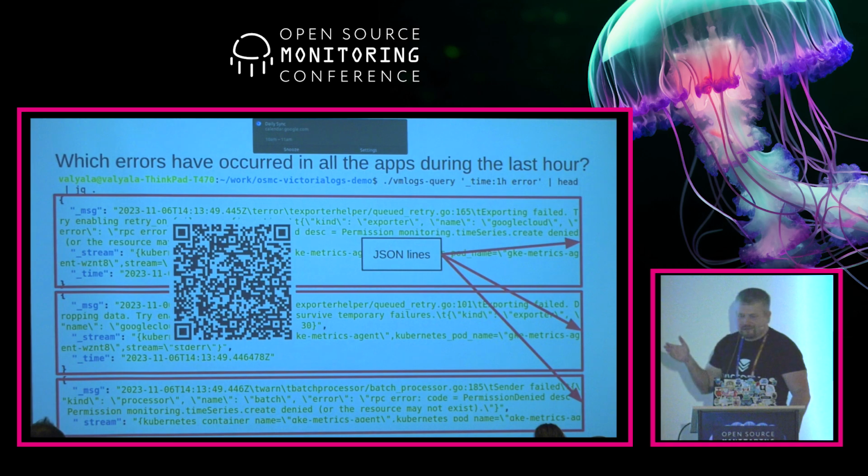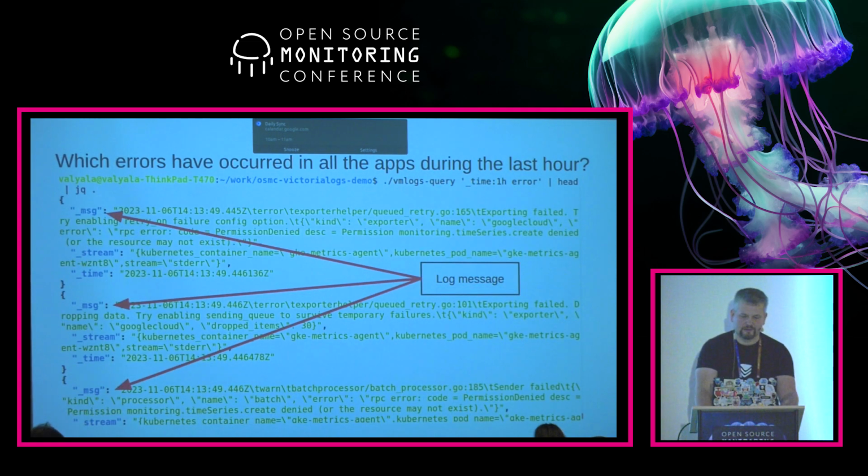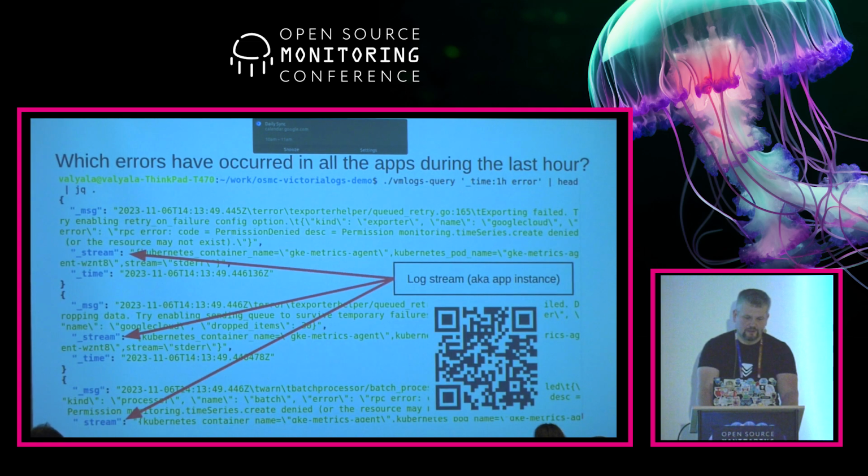This is a response from VictoriaLogs. It contains JSON lines. Every JSON line contains a log message and a log stream. It's a concept from Grafana Loki. Thanks Grafana Loki for inventing this concept, and VictoriaLogs reuses it, but more efficiently.